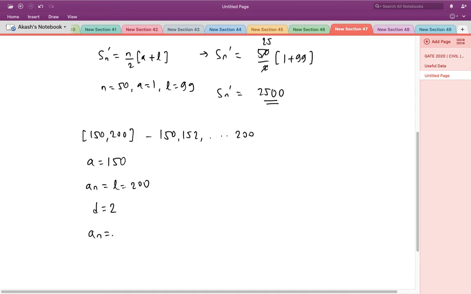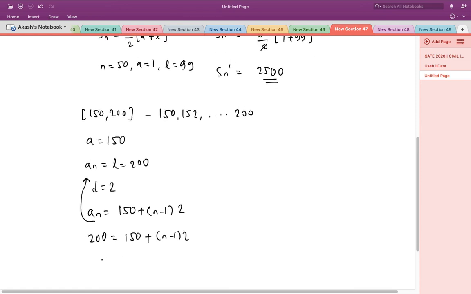Therefore, the general form of the series can be written as a plus n minus 1 times d, where a of n would be 200, which would give me the following equation. On solving this equation, I would get the value of n as 50 by 2 plus 1, which equals 26. So 26 would be the number of terms in this sequence.